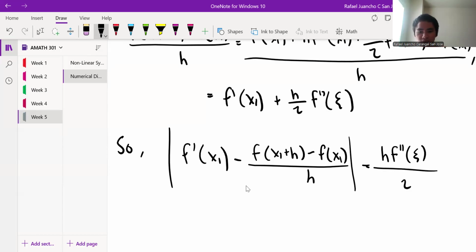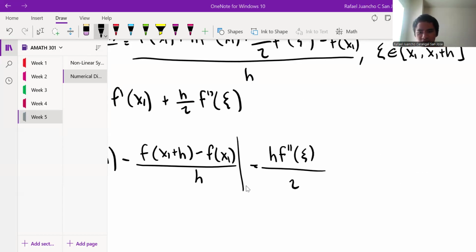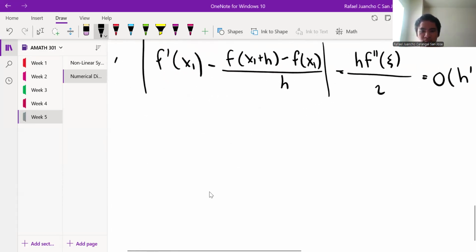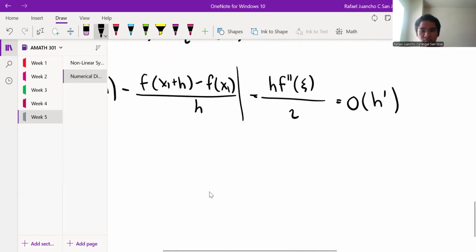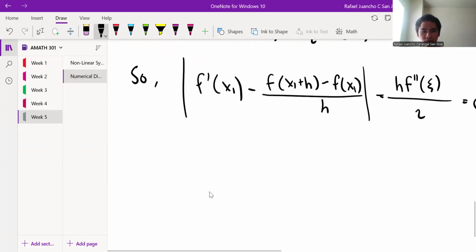divided by 2. And here we even looked at its complexity, which is big O of h. And we had a prime. That's interesting. And so here we can say that we have a convergence rate. Oh, that's what it means.